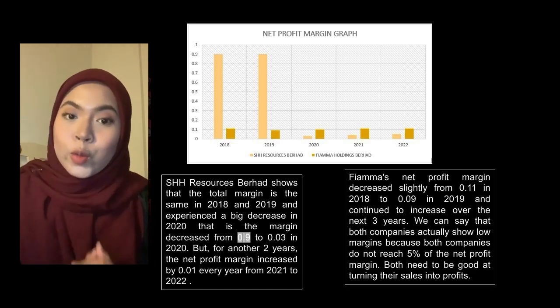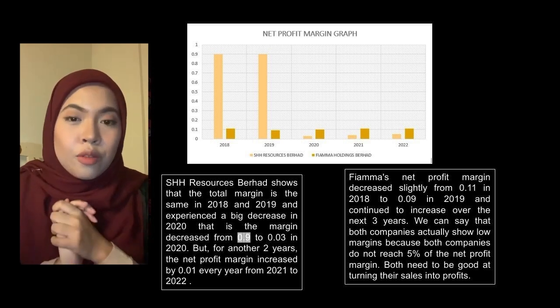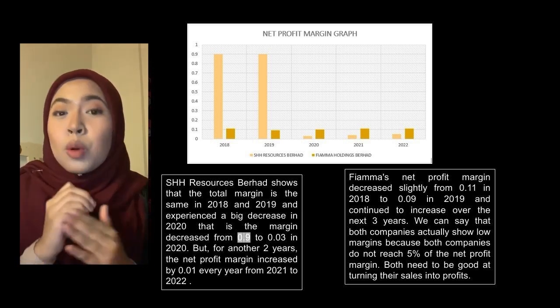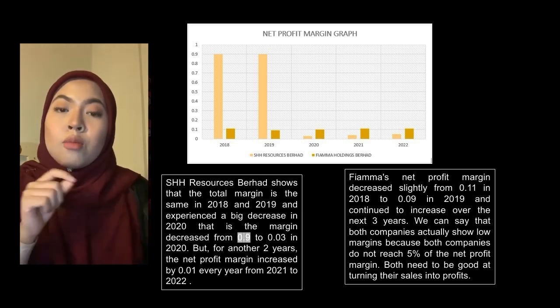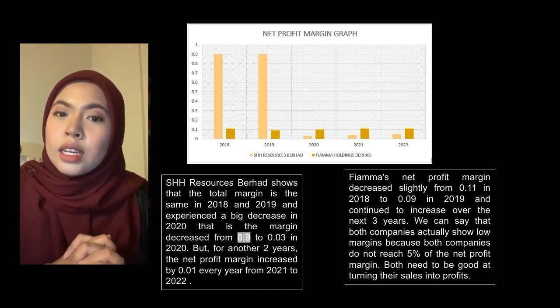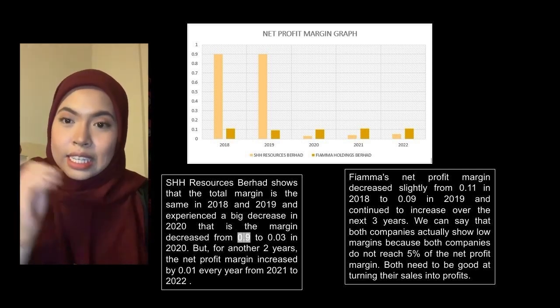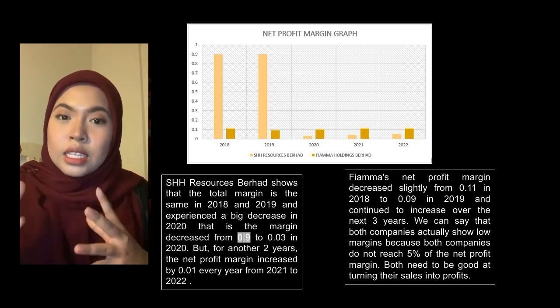For the next two years, the net profit margin increased by only 0.01 every year from 2021 to 2022. But I think that's good because there is an increase in the company's margin.